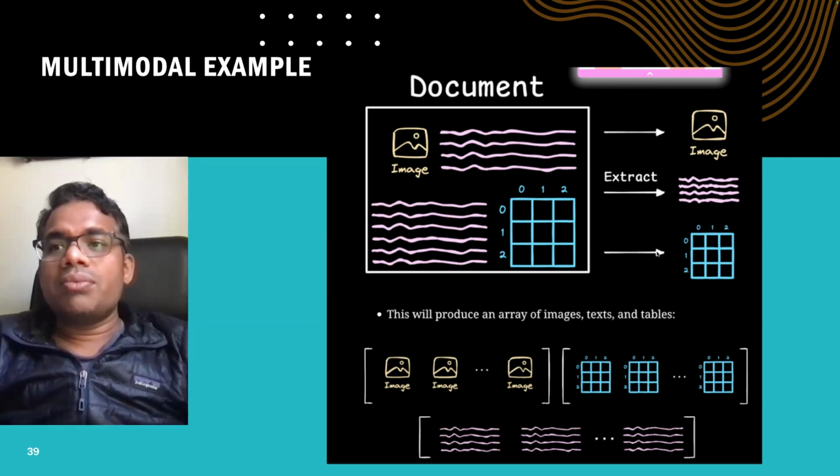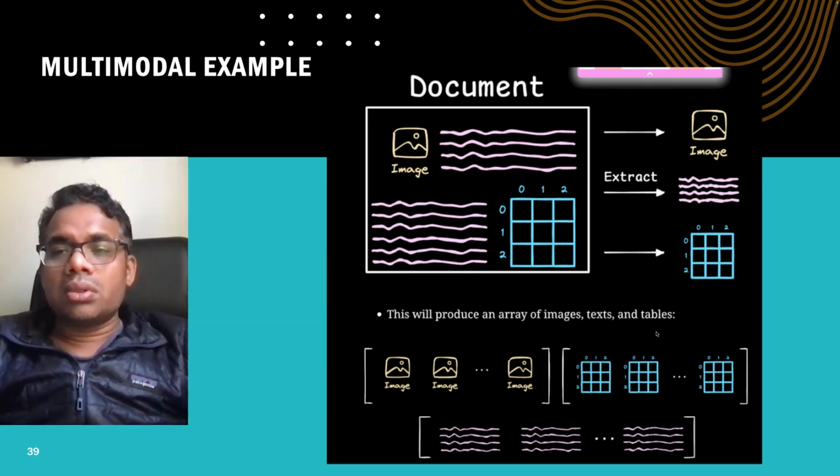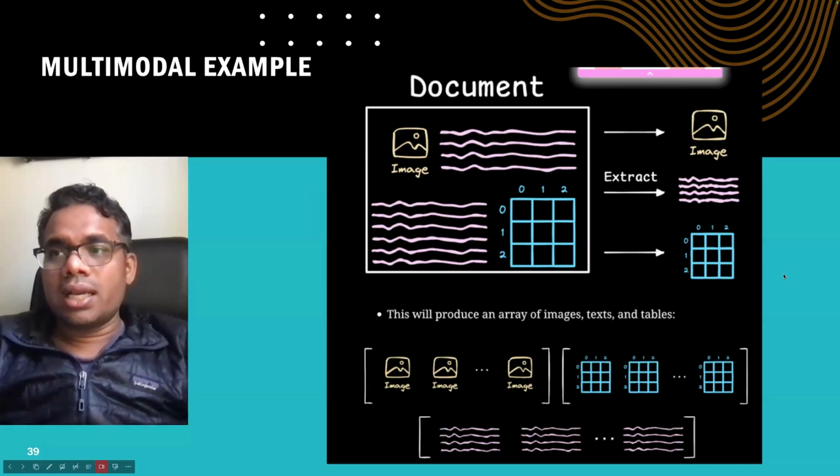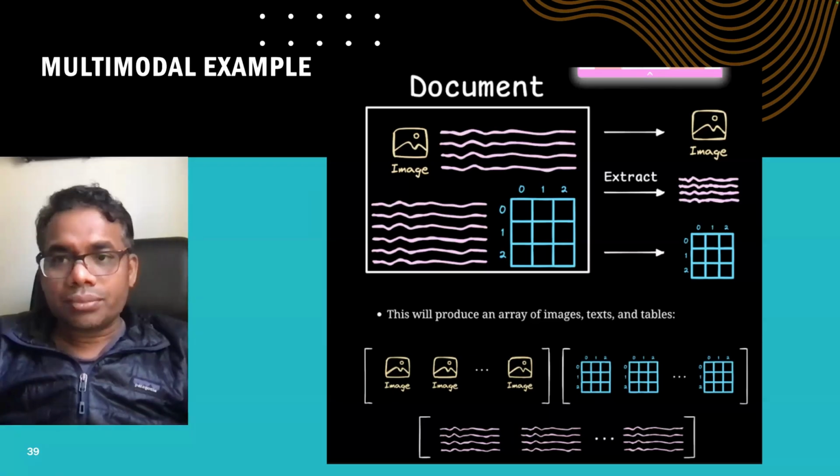So at the end of the day, it will produce different kinds of objects. You can say a list of images, a list of tables available over there, and a set of text, right? So that's how it looks at the end of the day.